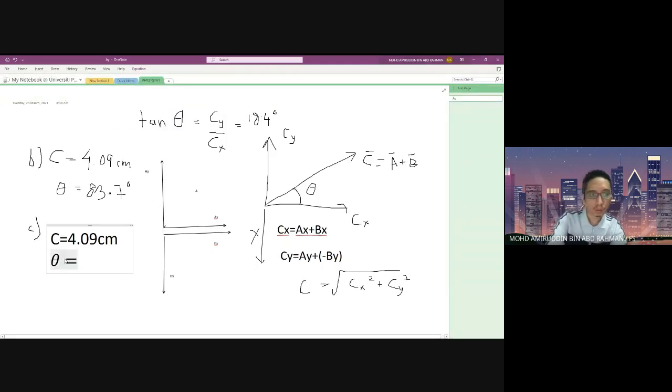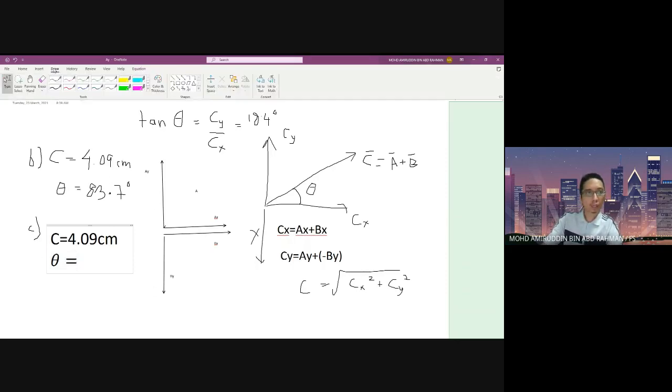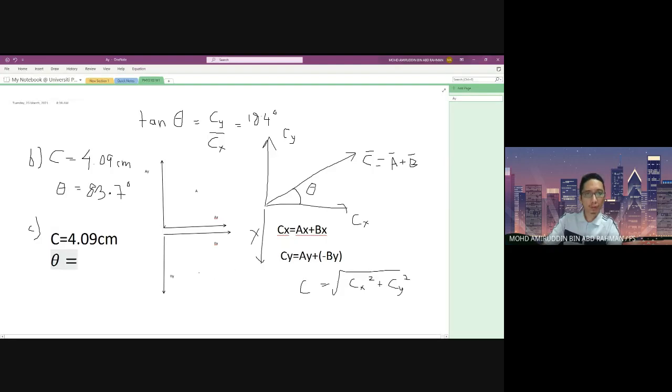Theta is equal to, because of the direction, it will be here. So you need to find out what the theta is for that.